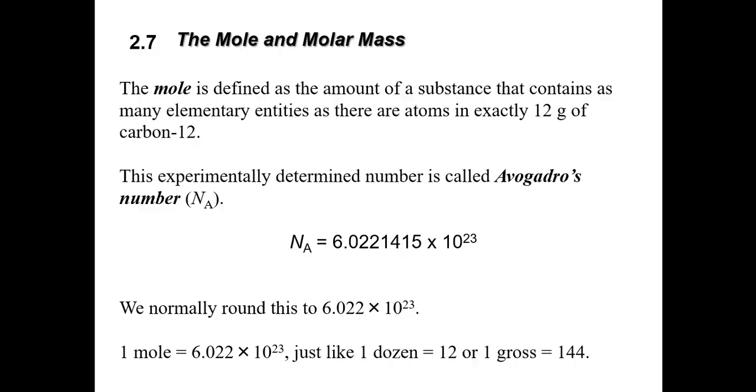If you can count 6.022 times 10 to the power 23 carbon atoms, that is 1 mole of carbon. If you can count 6.022 times 10 to the power 23 nitrogen atoms, that's 1 mole of nitrogen.